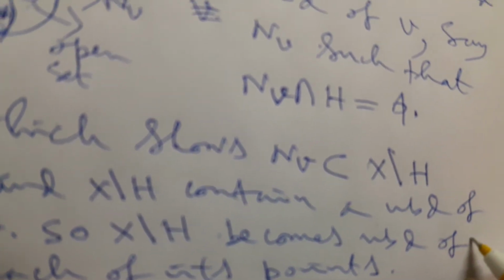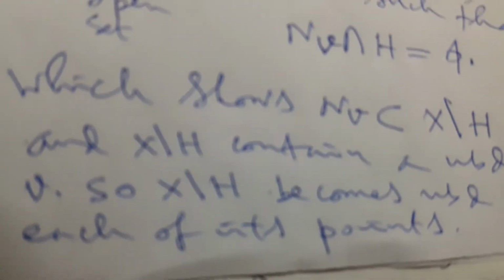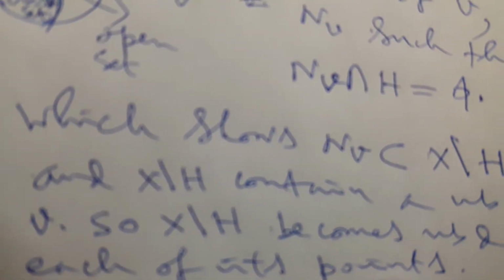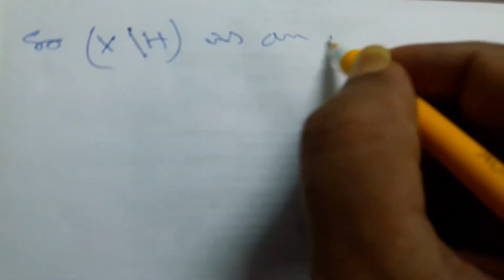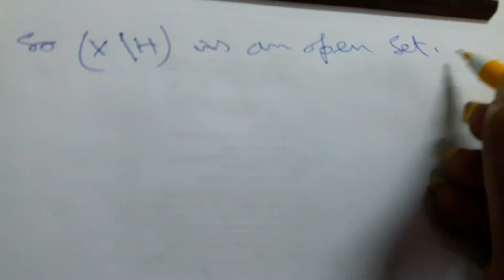Since X minus H is a neighborhood of each of its points, like the point V here, and V is arbitrary, X minus H is an open set by definition, and this is an open set in X.